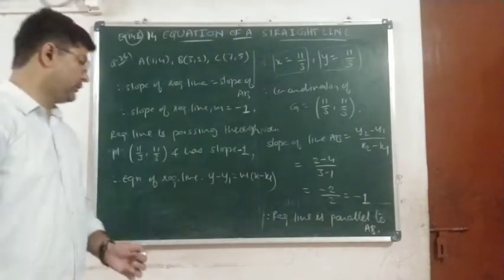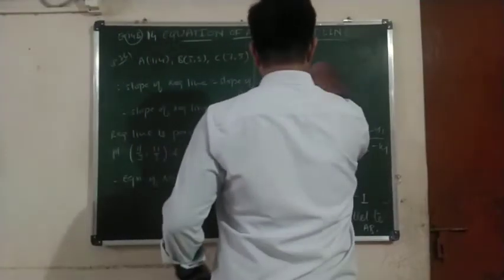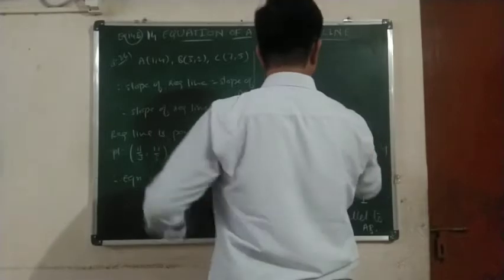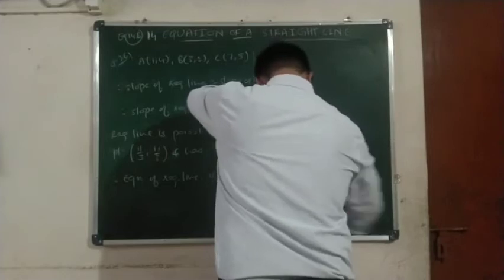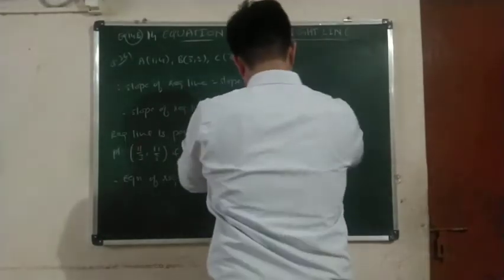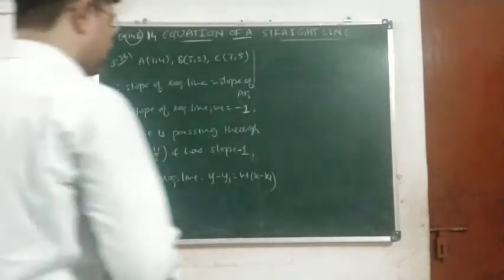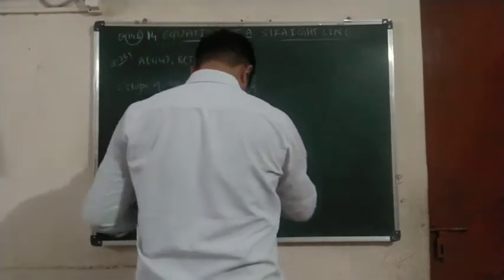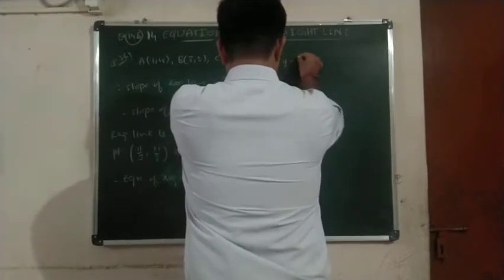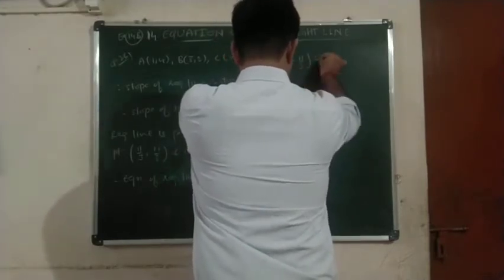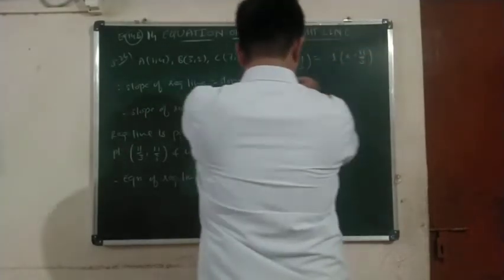Now we will substitute the values. x1, y1 are the coordinates of G. Therefore y minus 11 upon 3 is equal to m, which is minus 1, into x minus 11 upon 3.